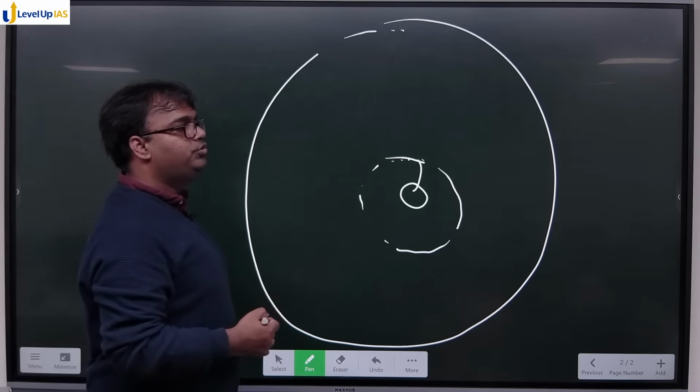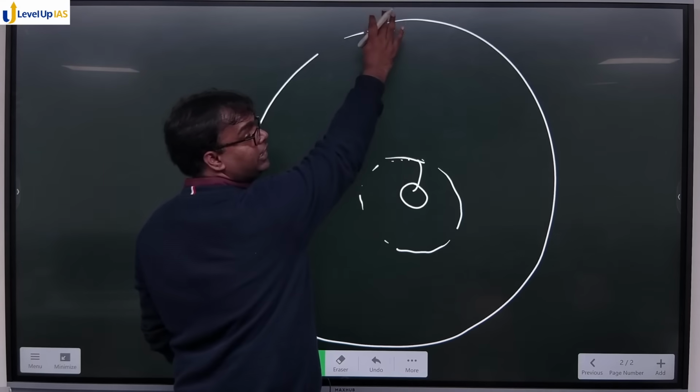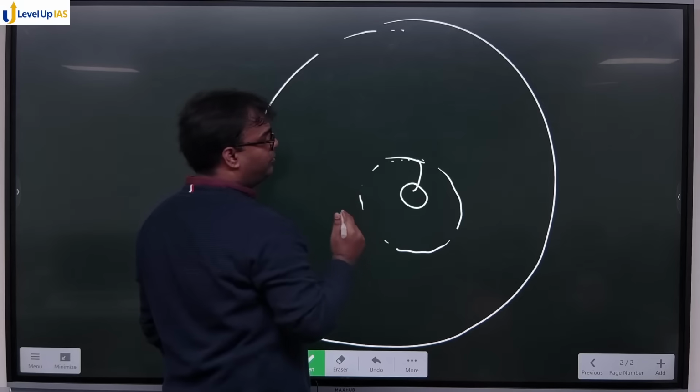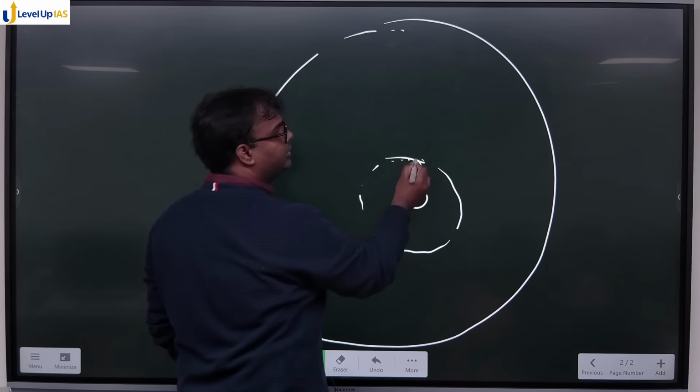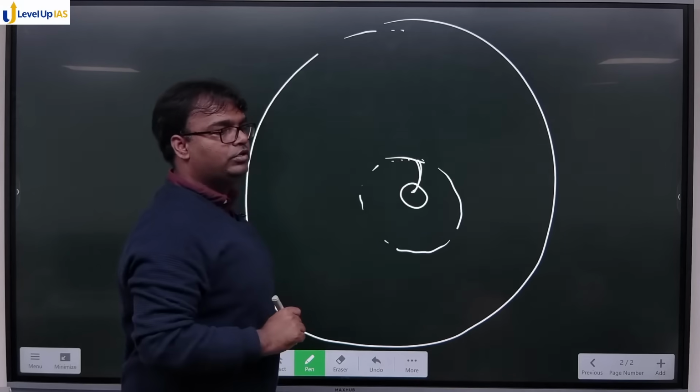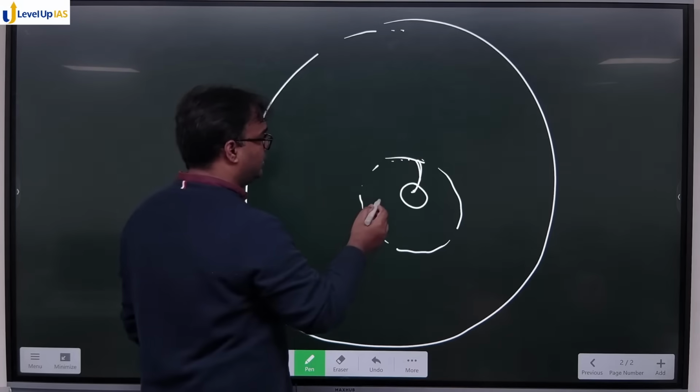So what we generally do is, even if we want to launch a satellite here in geostationary orbit, हम क्या करेंगे? We take the satellite and we launch it in low earth orbit only. छोटा वाला circular orbit में we launch it. ऐसे हम इसे launch करेंगे.